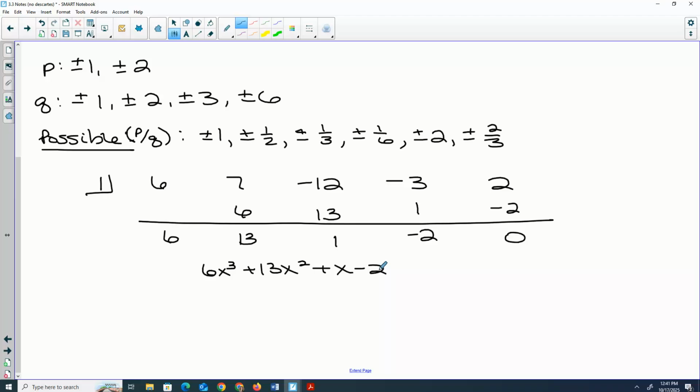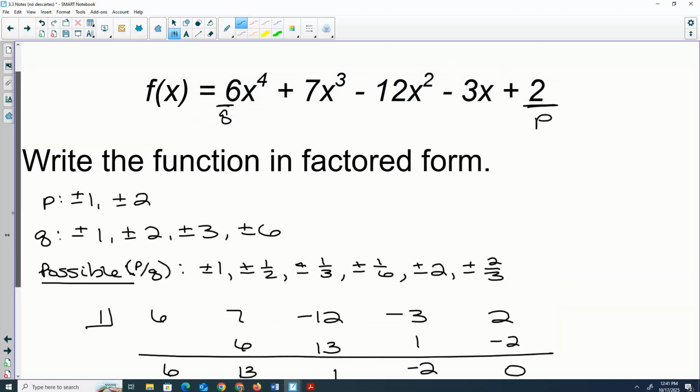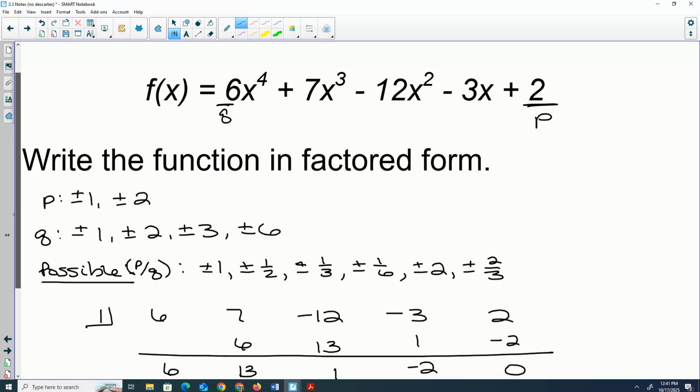No. What did we do on the last problem when it was an x cubed and we didn't know how to factor it? We did this whole process, right? We found 1 zero. This original polynomial is x to the 4th. So how many zeros are there? 4. We found 1. We need to find another one.